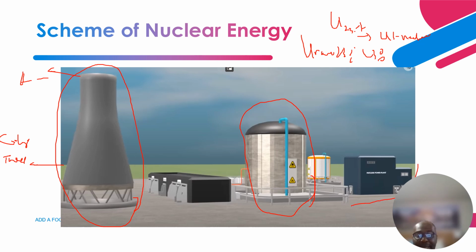So this is the nuclear power plant. This one houses the steam turbine and the generator. As you know, the steam turbine is coupled to the generator through a horizontal shaft.